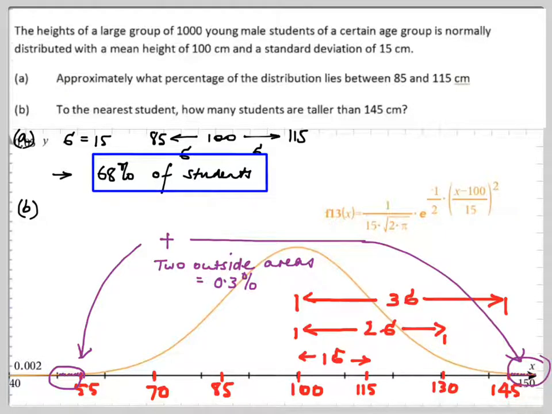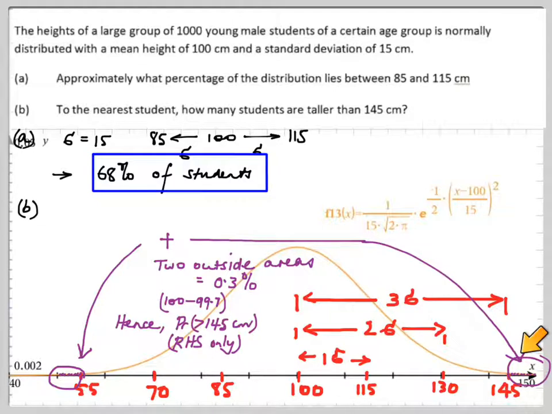Now, that's for more than 145 centimetres, which is only the right-hand tail, this part here. Therefore, we must be talking not 0.3%, which is both of them combined, but what? Yeah, we're talking about 0.15%, aren't we? 0.15% is this little bit here, okay? You with me? And that's what we want.